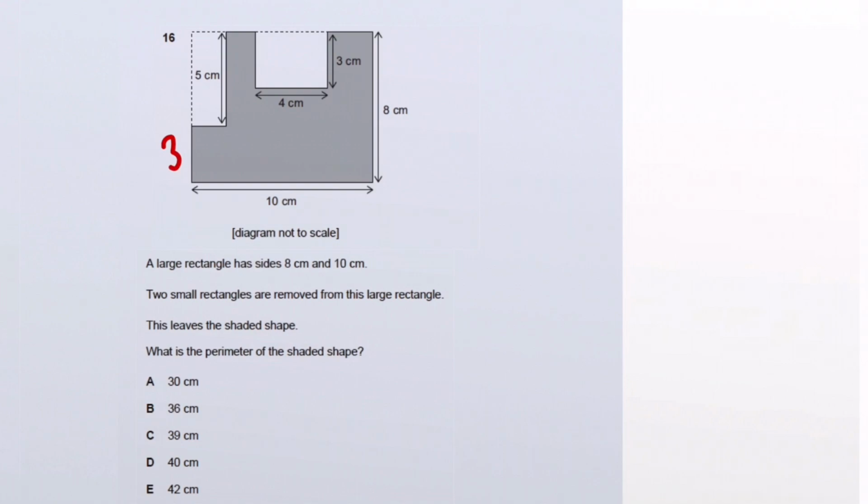And then we know as well that this side is 3, which means this side should also be 3. Now for these sides here and here, if we visualize it going upwards here as represented by the dotted lines here, it would be 10 centimeters. So we can just still calculate this side as 10.